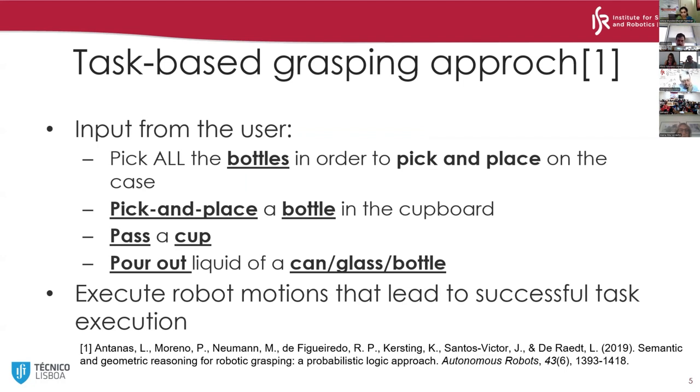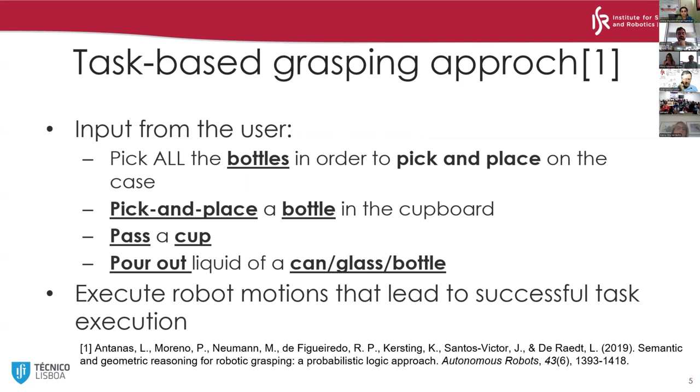In this case, that was a long time before these approaches existed, so we had to define the input from the user in a very particular keyword way. But there were the actions. Basically, the user says to the system, pick all the bottles in order to pick and place. In this case, pick and place the bottle in the cupboard, pass a cup, pour out liquid.